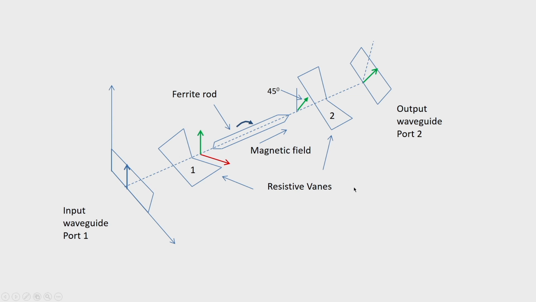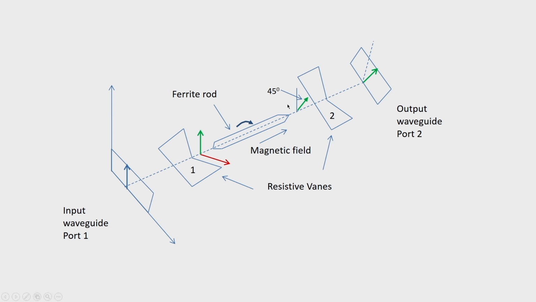Now, if we consider a wave incident in port 2, which may be because of some mismatch, some reflected signal appears at port 2, this will now undergo a rotation of 45-degree. Please note that bias in this case is opposite to the direction of propagation.